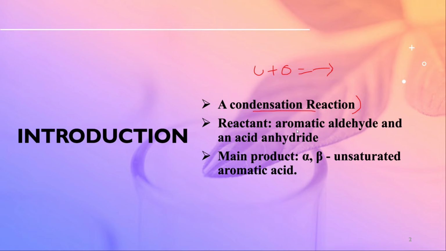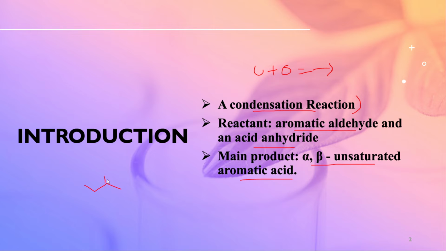Here the main reactants are an aromatic aldehyde and an acid anhydride. The main product formed here is the alpha beta unsaturated aromatic acid. What does alpha beta mean?